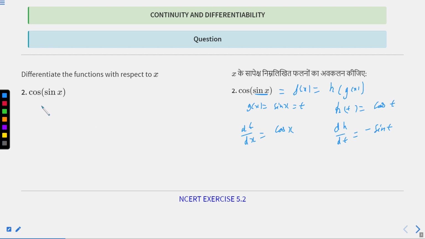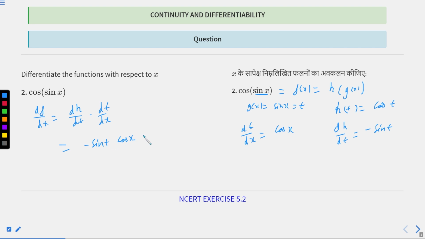Now quite simple, df by dx can be rewritten as dh by dt multiplied with dt by dx, which we already evaluated as minus sin t times cos x.